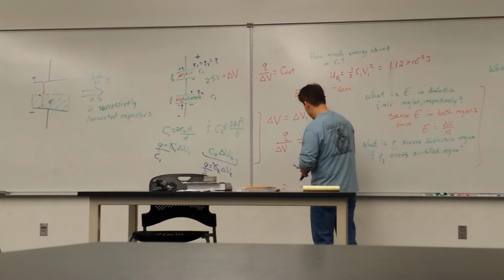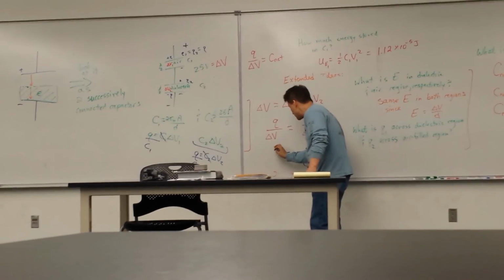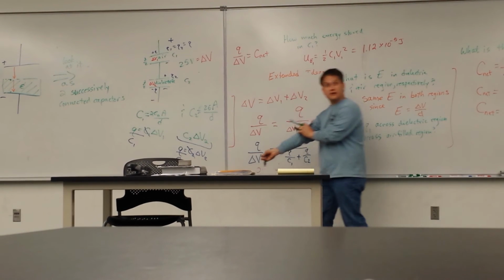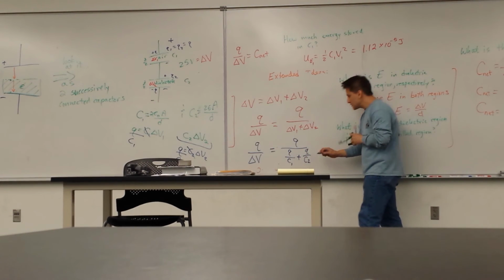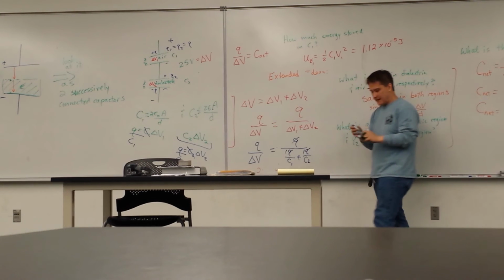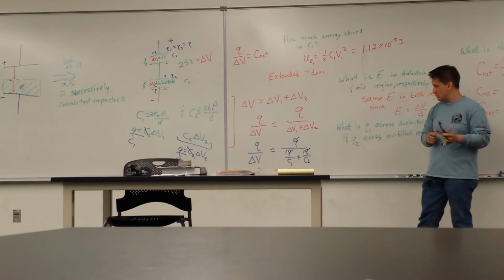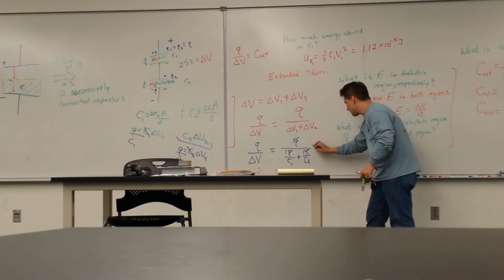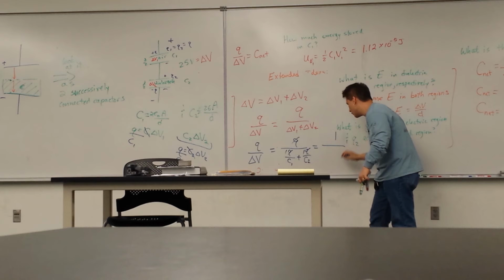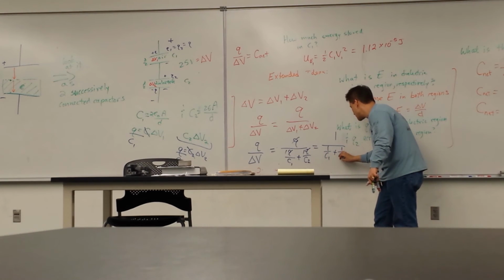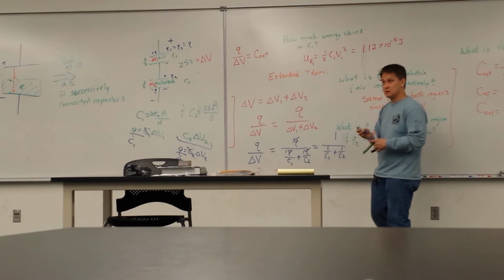And what we might notice is that on one side we have Q over delta V, and on the other side we have the cancellation of Q's, or if you will, 1 over the inverse of C1 plus the inverse of C2.